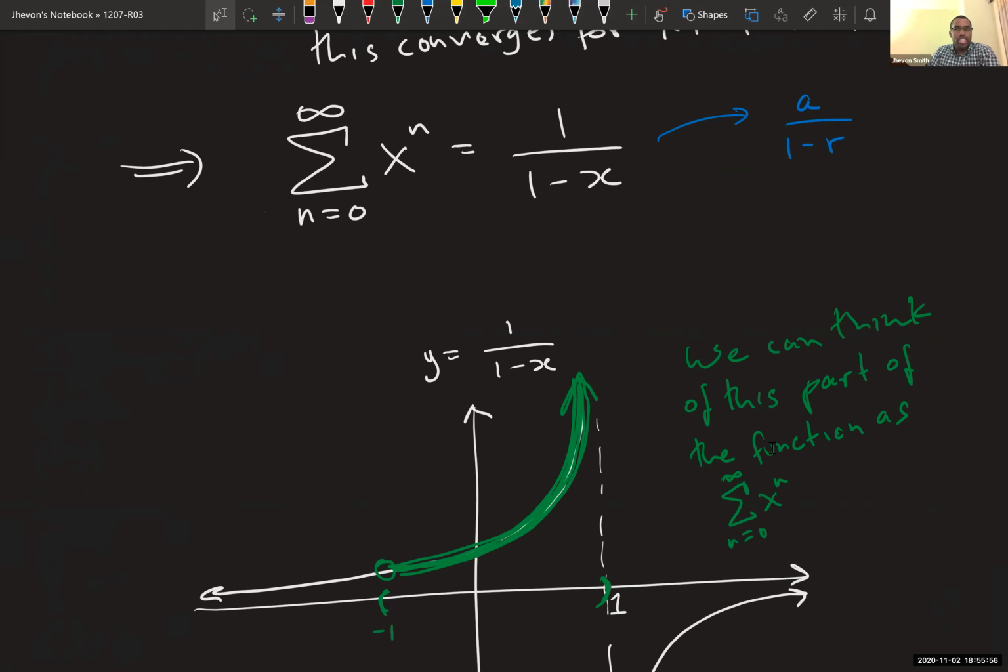As long as I'm within a certain window, I can think of this series as that function, which is more useful than you know. A lot of times you're plugging things into your calculator or Wolfram Alpha, and from your perspective, you're plugging in some function f of x, but in the background, Wolfram Alpha converted that thing to a series because it's much easier to work with series for certain things. And so it converts the answer to a series. It'll use the estimation technique that I mentioned to you guys earlier to approximate the answer within a certain degree of accuracy, within a certain number of decimal places, and it will actually output the answer on the screen.